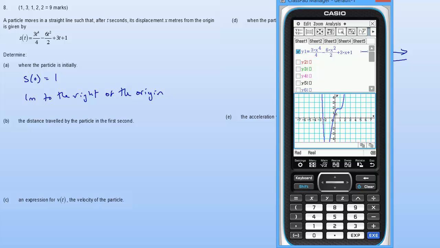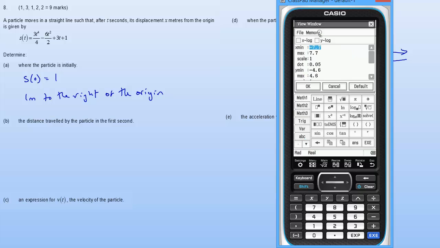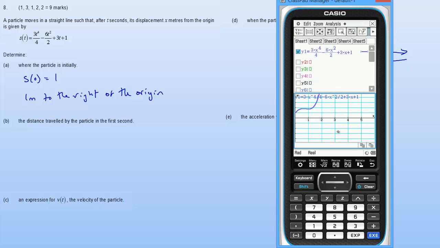So we're starting here at t equals 0, but it'd be nice to know what happens just here. Let's zoom in a little bit so we can see it better. So let's go, say, 0 to 6 here. And let's make it 0 to 3.